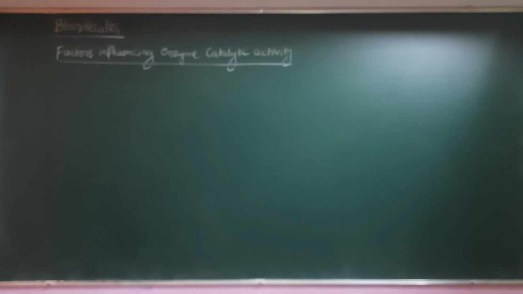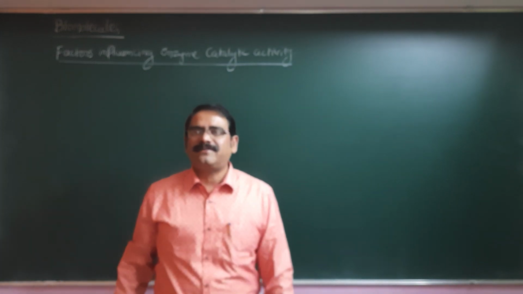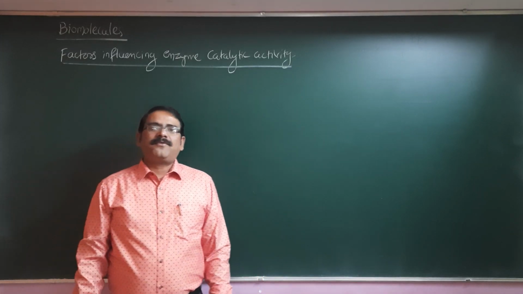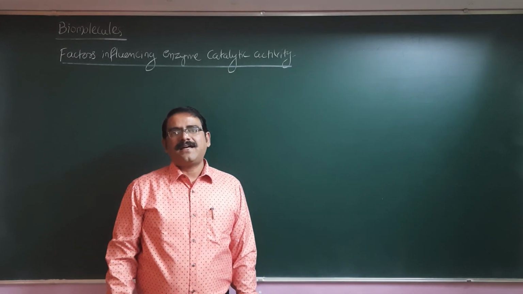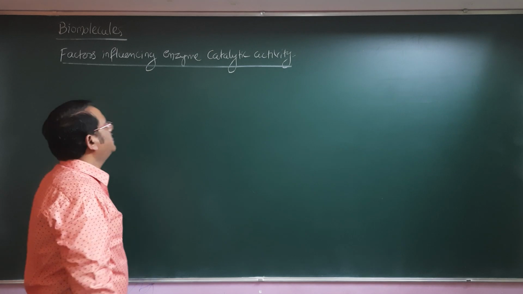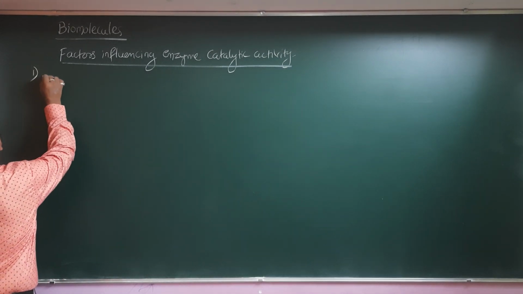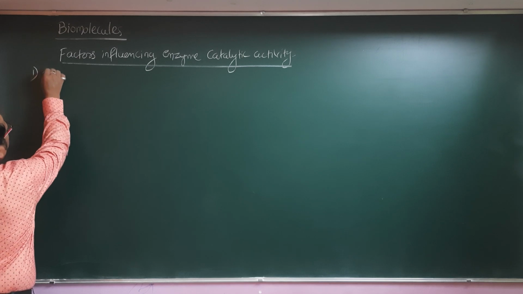Enzymes are basically made up of amino acids, right? So enzymes being proteins, and they are mainly made up of amino acids, the proteins are highly sensitive to the pH as well as temperature. So thus the factors influencing the enzyme activity, one is temperature.